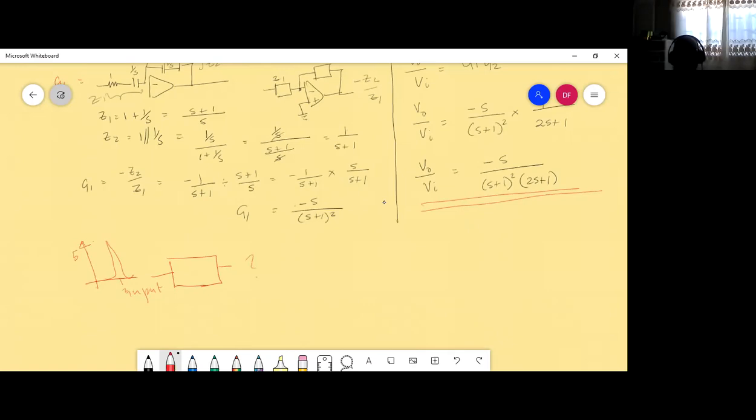So what is the output going to look like? What is going to happen at the output? Is it going to go up? Is it going to go down? So we are going to calculate.